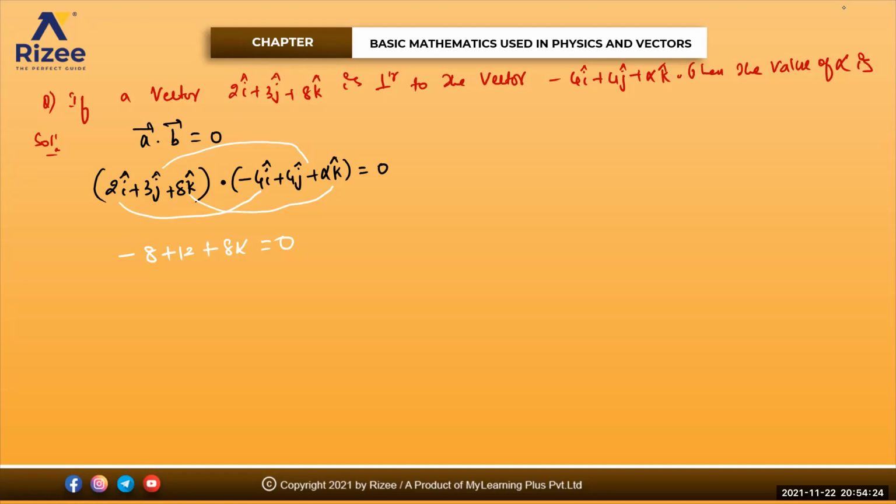This will be how much, beta? 4 plus 8 alpha is equal to 0. That is, 4 is equal to minus 8 alpha. So alpha will be equal to how much? Minus 1 by 2. Yes, Dheeraj, check your calculation once.